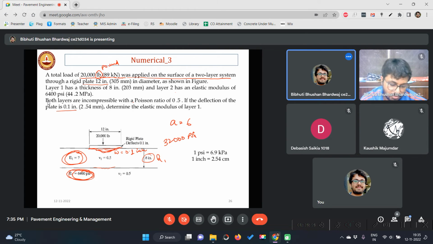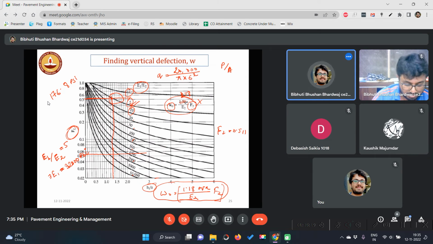So, understood how this relates to a real-life scenario. The concept of plate load test is similar to that. I think you have heard of plate load test in geotechnical engineering. The concept is more or less similar. That's how it's done. And I'm again surprised that you have not used this equation.